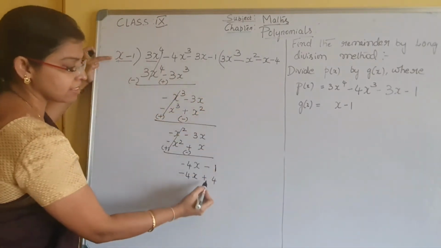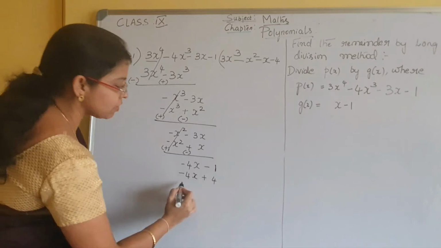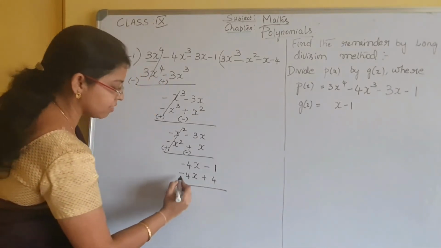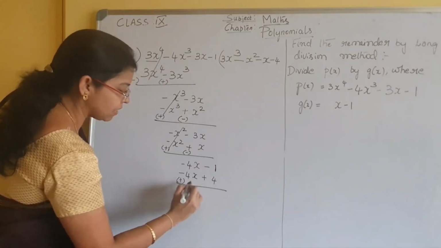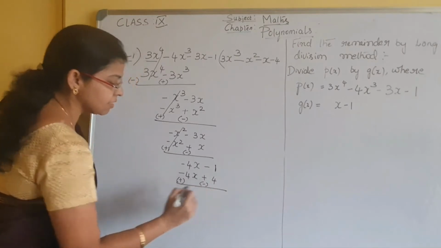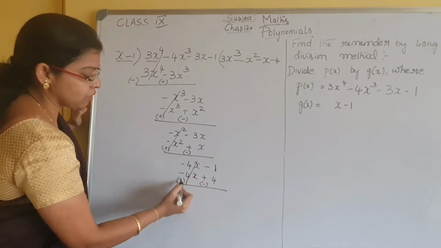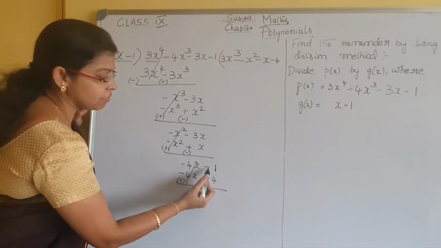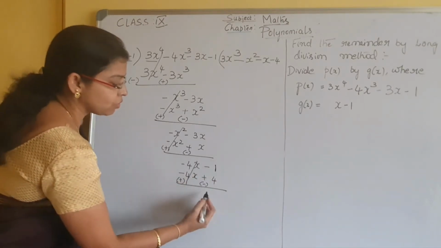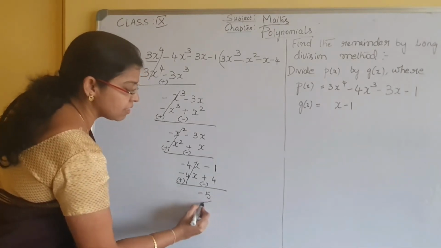Minus into minus is plus, 1 into 4 is 4. Now change the signs. That is, minus will become plus. Here plus will become minus. This gets cancelled because minus 4x and plus 4x. Here you are left with minus 1 minus 4, which is nothing but minus 5.